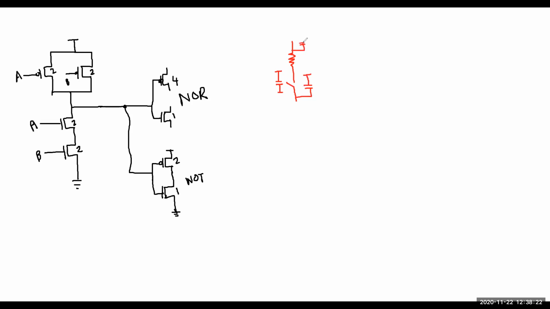This is the PMOS. We have two PMOSes, here one, here another one. So I'm going to draw the same thing again. This will be VDD. VDD. VDD.